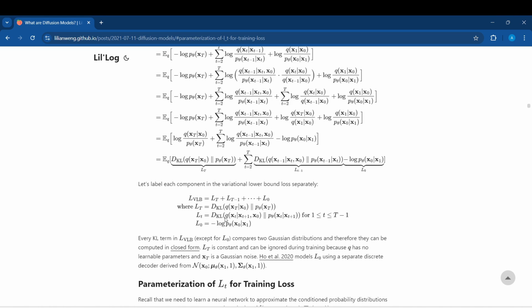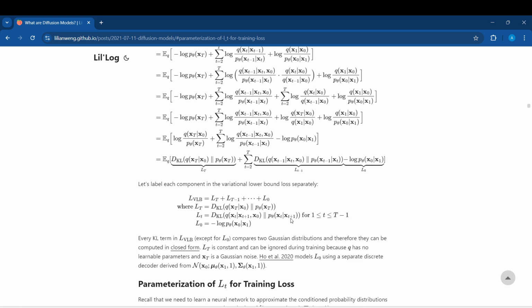And L_t is actually the main component here. This is the KL divergence between the actual reverse transition from noisier to less noisy, because we are getting x_{t-1} from x_t when conditioned on x0, and this is our model predicted reverse transition.